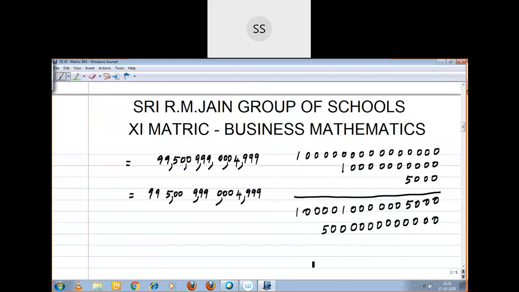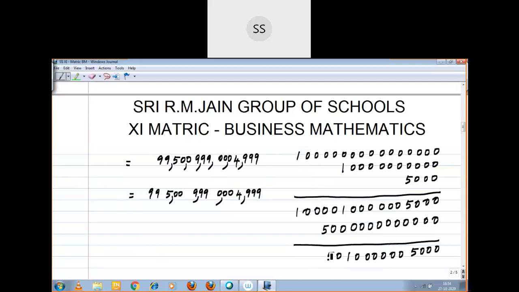The negatives. See, first 5, then how many zeros? 12 zeros, right? 1, 2, 3, 4, 5, 6, 7, 8, 9, 10, 11, 12. Then you should put 5. You are going to subtract.